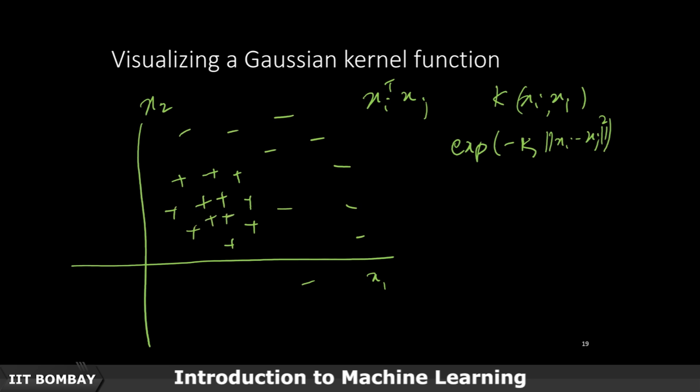Because we are only interested in those points for which alpha i is greater than 0, those are the only points that are support vectors, and they might look something like this. Those will be the points that are closer to each other in some sense, not in the linear Euclidean distance sense, but in some sense. So hopefully it will be this point, perhaps this point, perhaps this point, and this point.